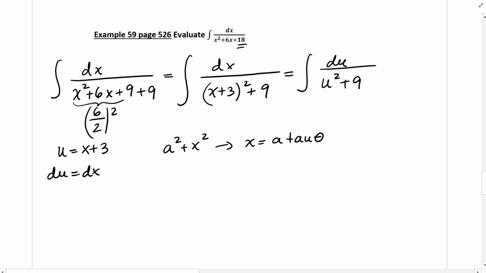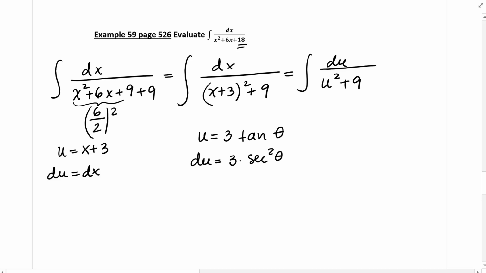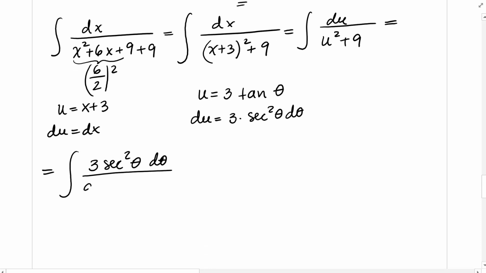So in our case, let's do another substitution, u equals 3 tangent of theta. So du is going to be 3 times secant squared of theta, that's tangent prime, d theta. So this integral becomes 3 secant squared of theta d theta over u squared plus 9, that would be 9 tangent squared of theta plus 9.